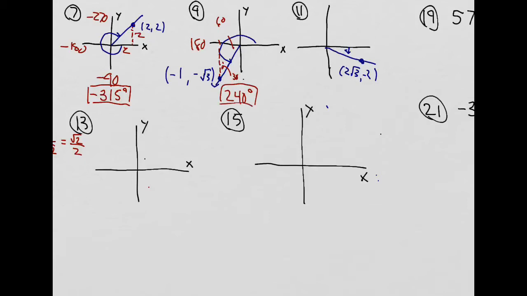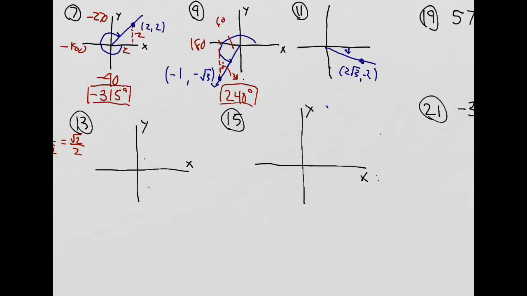Let's look at 11. So with 11 here, again, I'm going in what direction? Clockwise. So this is going to be a negative angle. How much? Well, again, I see my friend here, the square root of 3. The square root of 3 means it's got to be a 30, 60, 90.